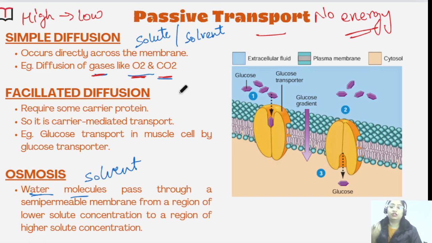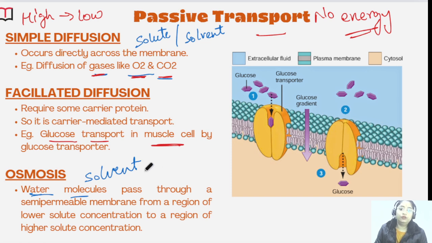They just cannot move by themselves. So here comes the carrier protein or the channel proteins, which help the bigger size molecules in the transportation process, which occurs in the case of glucose transportation in the muscle cells. Okay, so that is the facilitated diffusion.